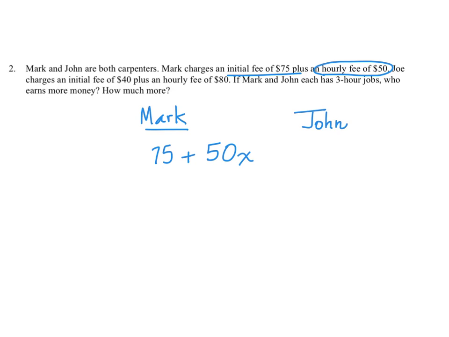John, on the other hand, charges an initial fee of $40 plus an hourly fee of $80. So in this case, John would have 40 plus 80x.